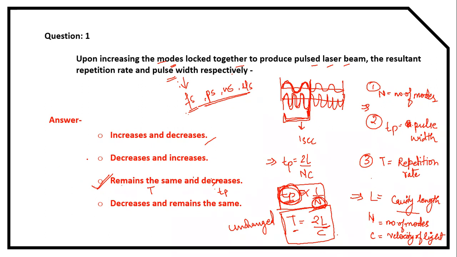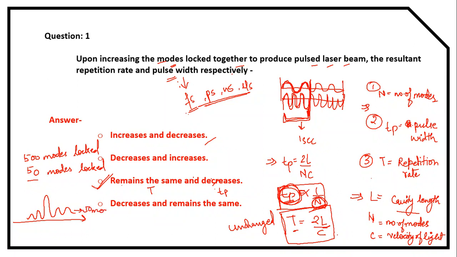Suppose you have a laser beam which has 500 modes locked, and the other which has, say, 50 modes locked. For the 50 modes locked, you will get something like this. The other I'm denoting with a dotted line.